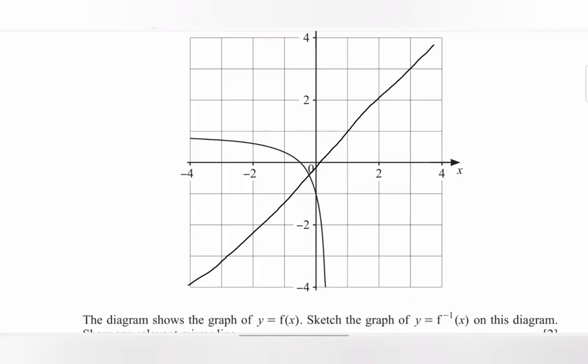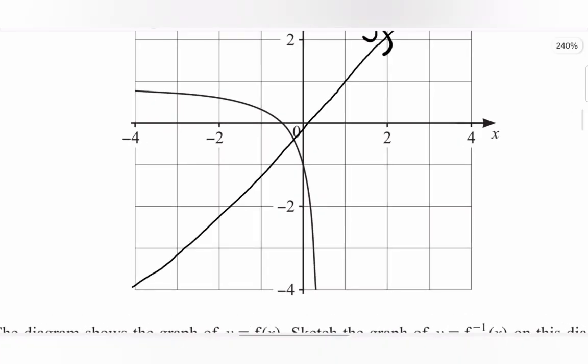Like that. And that's our mirror line, y equals x. So now reflecting that in that mirror line, we want to get the same distance from the mirror line. For example, if we were to reflect this part, I'm going to move the same distance, this distance, on the other side.